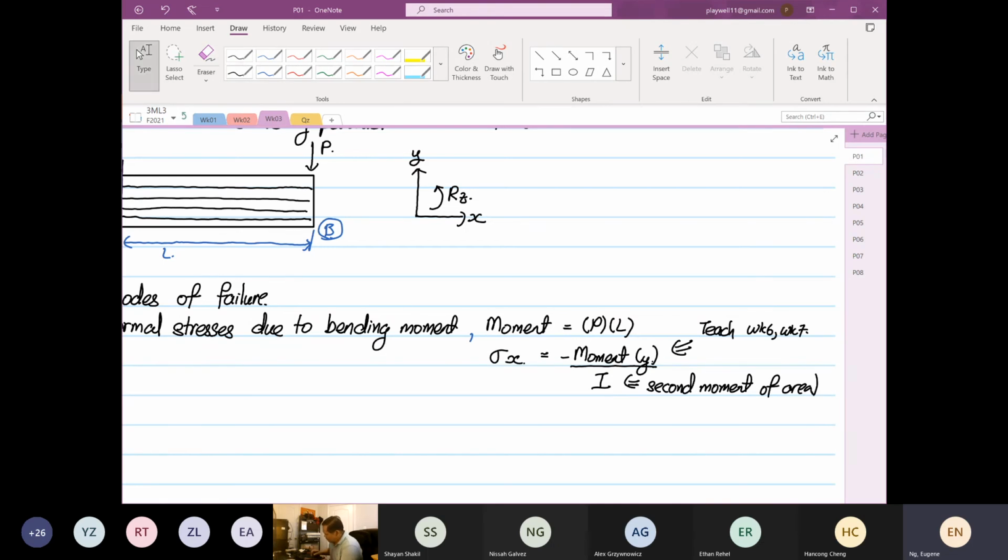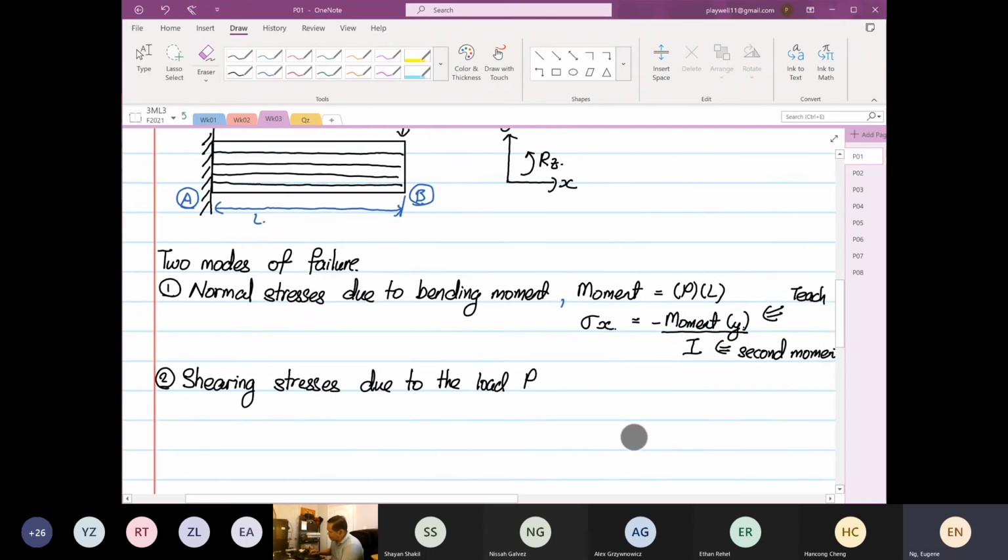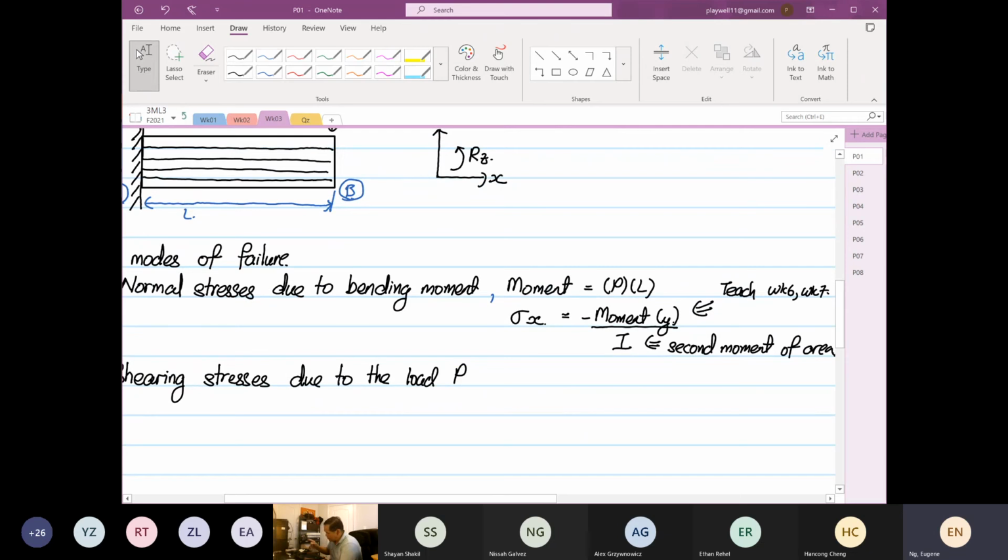Okay, right. The second mode of failure is due to shearing stress. Right? Shearing stresses due to the load P. Okay, due to the load P. So what we're going to apply, I'm going to write out the formula first.